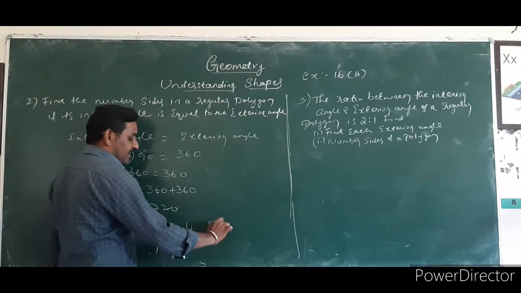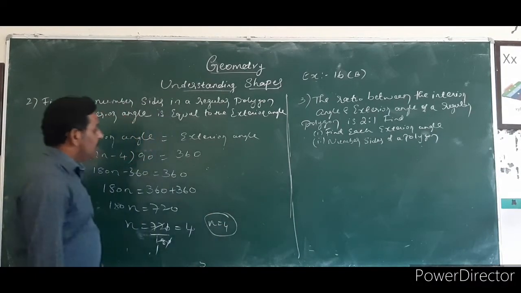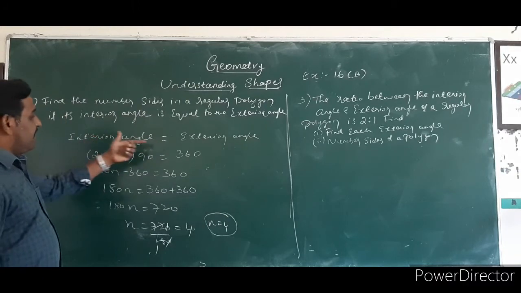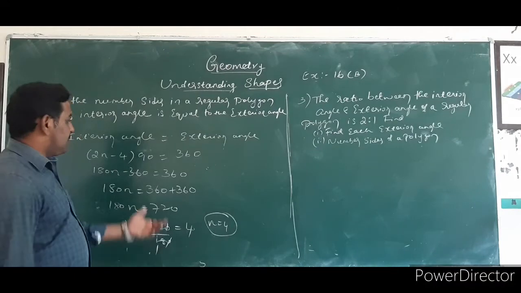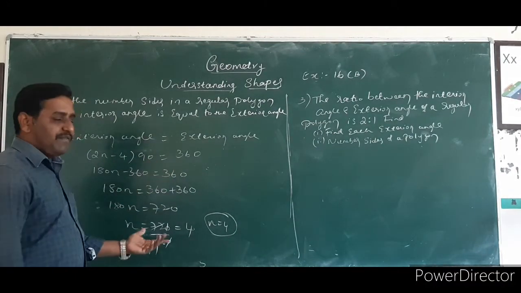What is the value of n here? 4. If the interior angle is equal to the exterior angle, the number of sides is 4. We just have to apply the formula and simplify the answer.